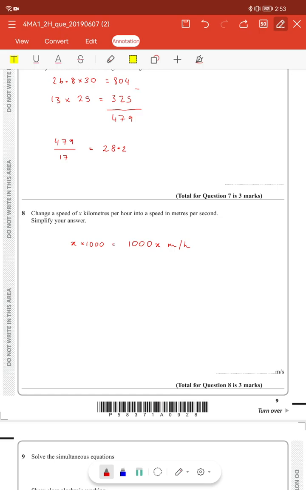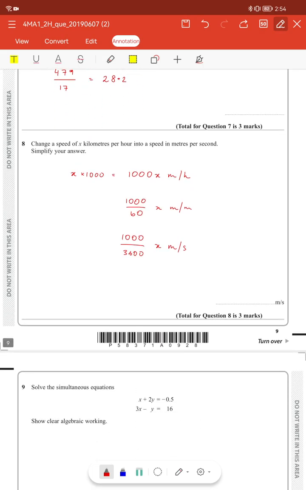So you get 1000 over 60 x is meters per minute, and we want to divide it by 60 again, which would be divided by 3600 x meters per second. Now we want to simplify as much as possible, so 1000 divided by 3600 would give us 5 over 18 x meters per second.